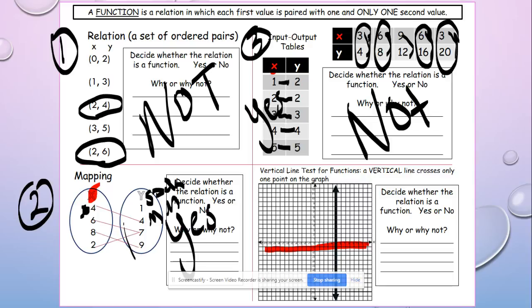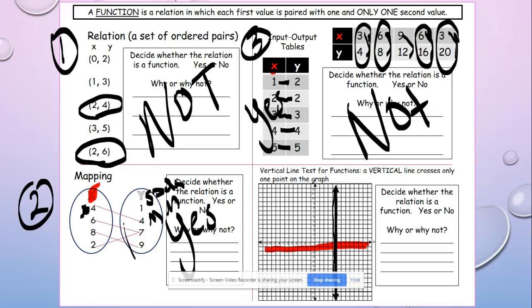The last type of function that you may encounter this year is a graph. When we look at a graph, we have to see if it passes the vertical line test. In this case, our graph is a vertical line. If I draw a vertical line over the top of this vertical line, it would not pass the vertical line test.